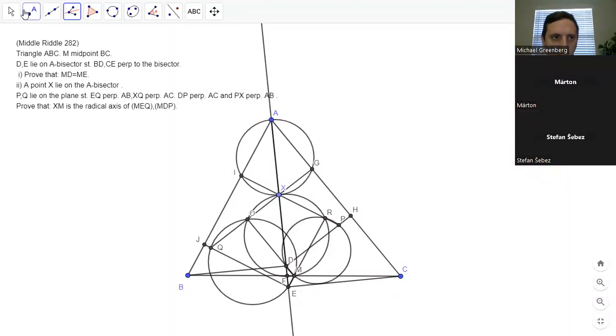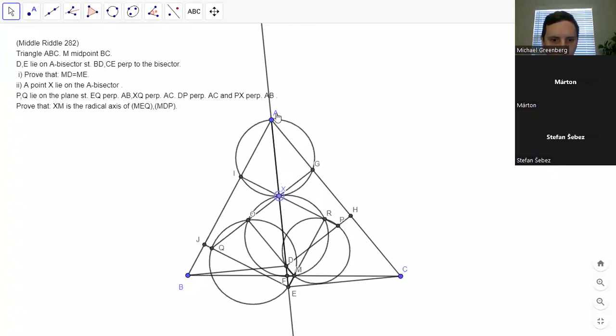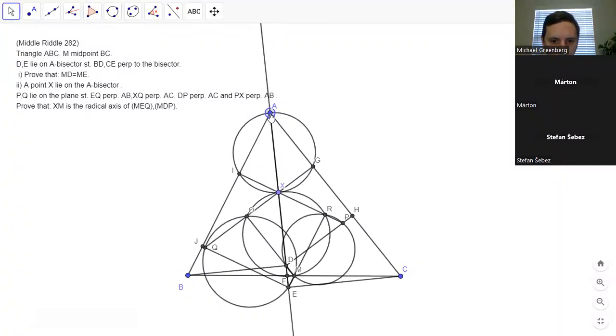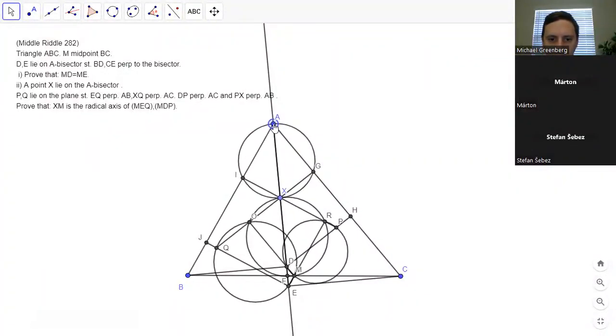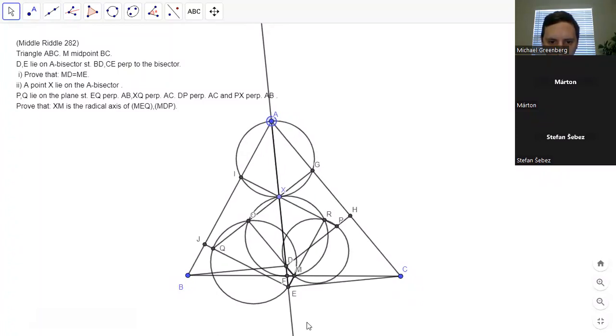It looks like it might. It looks very likely. I might be crazy, but I think that's sufficient to show. Okay. Yeah, it looks like XA bisects PXQ.